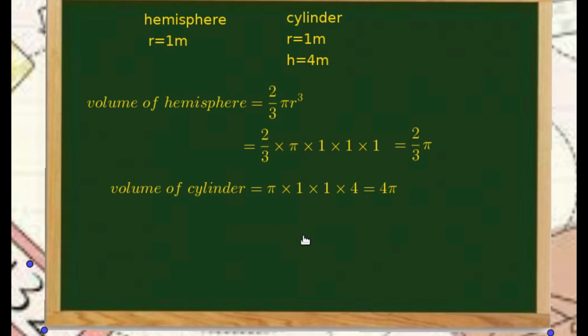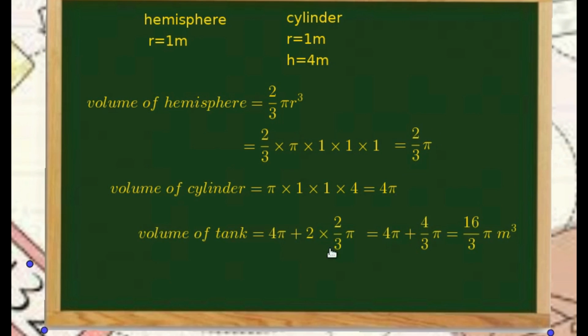Then what is the volume of the tank? The tank consists of a cylinder and 2 hemispheres. So we can write 4 pi plus 2 into 2 by 3 pi. Volume of the tank equals 4 pi plus 2 into 2 by 3 pi. 2 into 2 by 3 we can write as 4 by 3. Therefore 4 pi plus 4 by 3 pi.